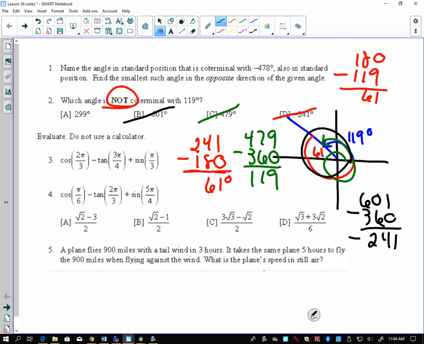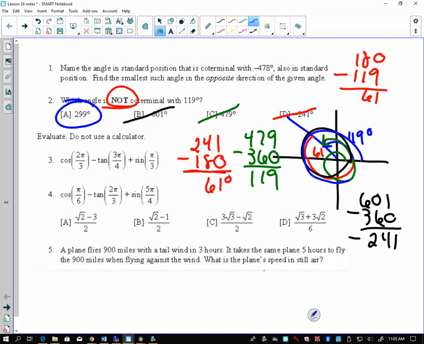299 is the only one that's left. But it makes sense that it's not going to work because it's going to go past 119, but it's not even going to get all the way around to get back where I want to be. So do we understand why 299 is non-coterminal?